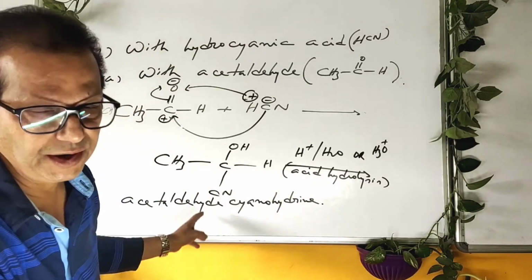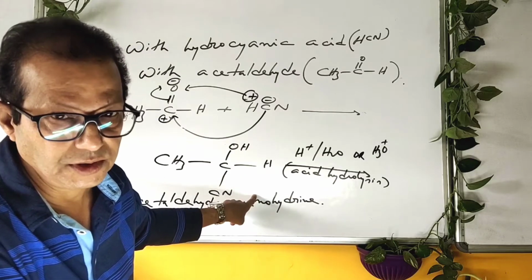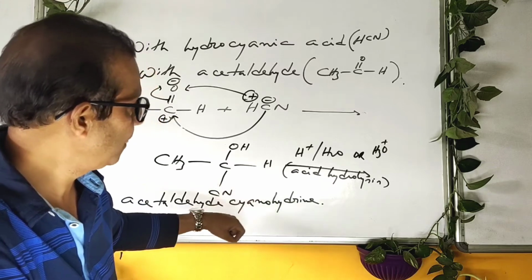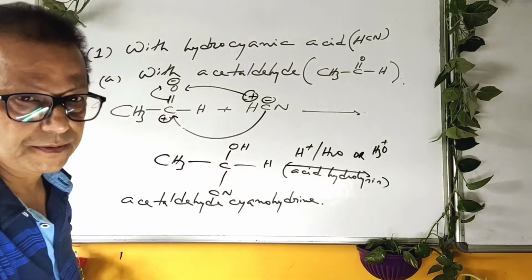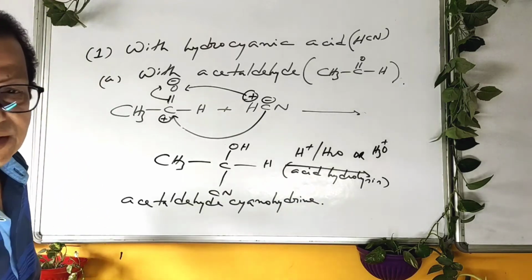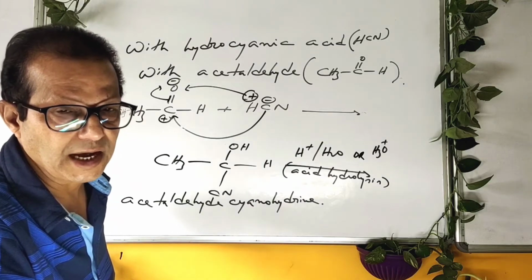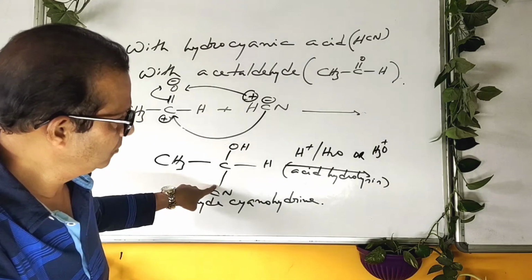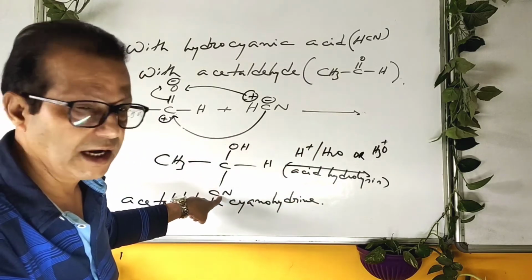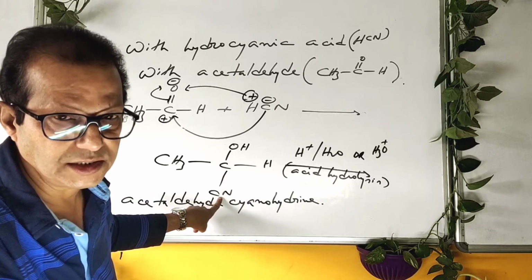So this is a very important point. Please note it down. It is important for entrance too. In organic chemistry, any compound, whether it is aliphatic or aromatic, if it contains a cyano group, on acid hydrolysis changes the cyano group into the corresponding carboxylic acid.